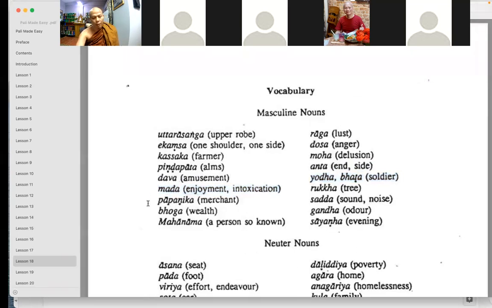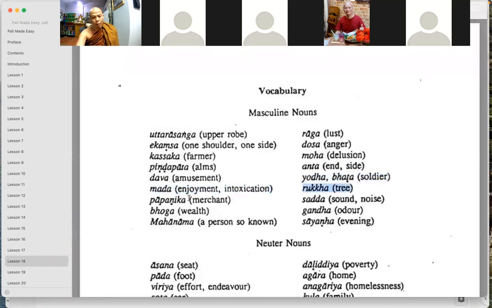And Barbanika. So Barbanika also means merchant. Actually, we already learned one word for the merchant. Kahabadi is householder, not that one. Wanija.